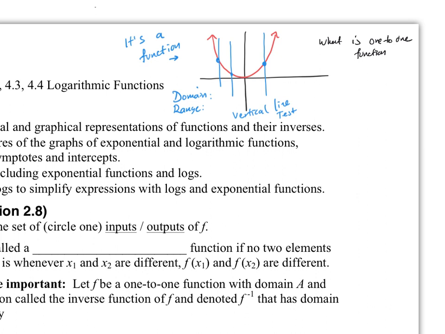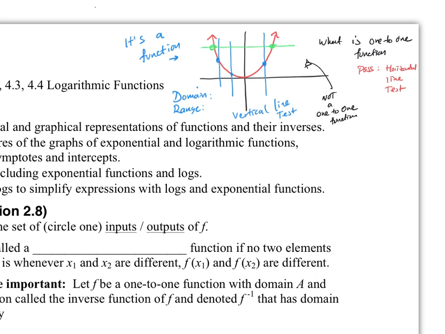Now, to be one-to-one, it also has to pass the horizontal line test. And notice that this one doesn't. If you draw horizontal lines here, this touches the graph twice. So even though this is a function, this is not a one-to-one function.